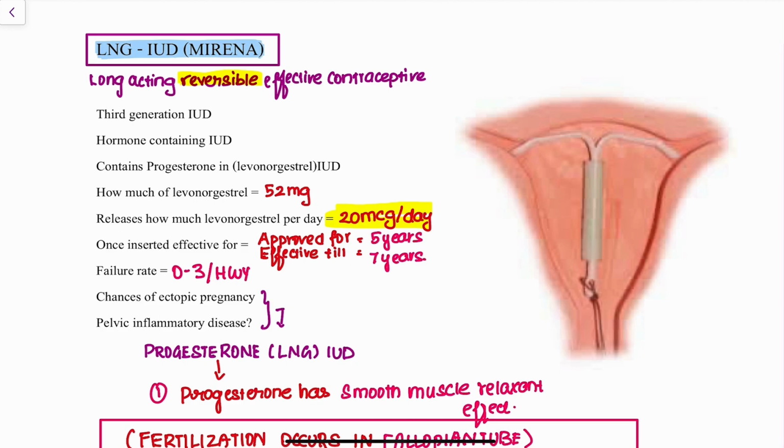Fine. So now our discussion is going to be entirely restricted to MIRENA, the third generation IUD, which is a hormone containing IUD.